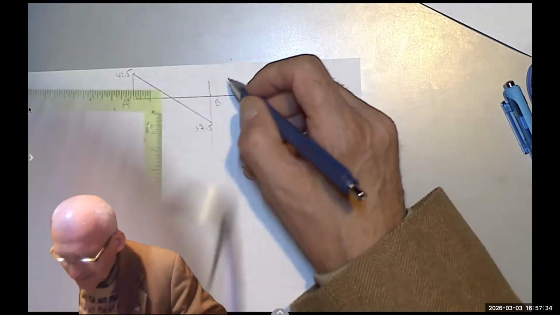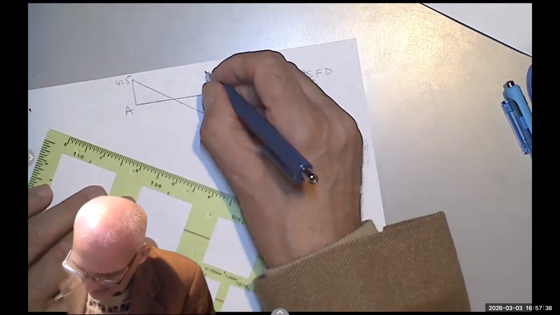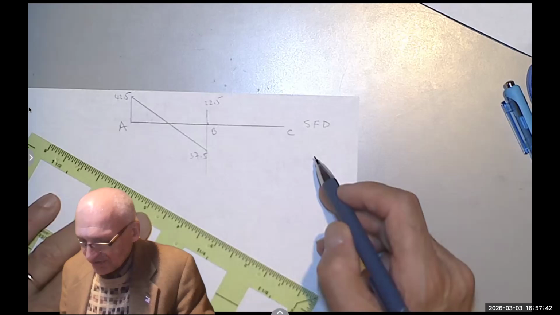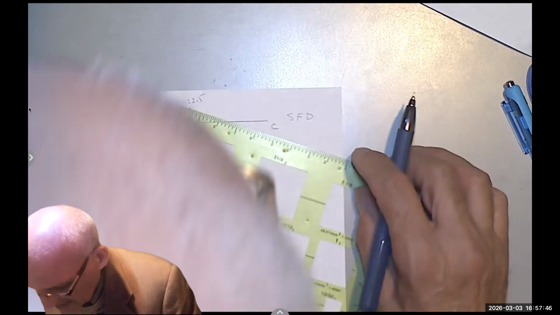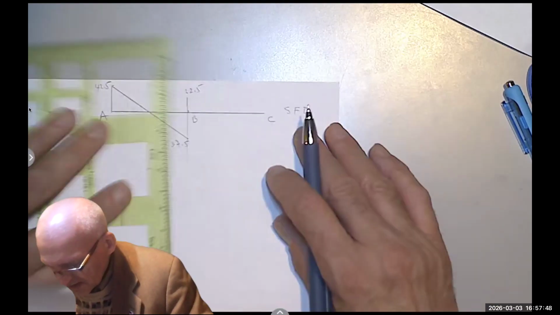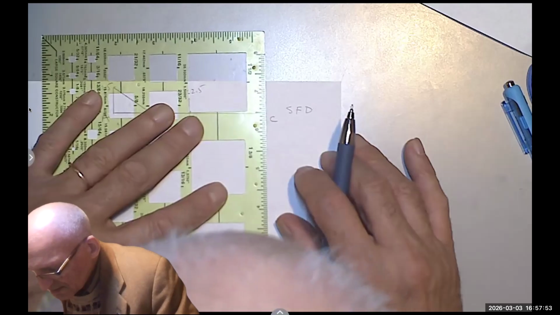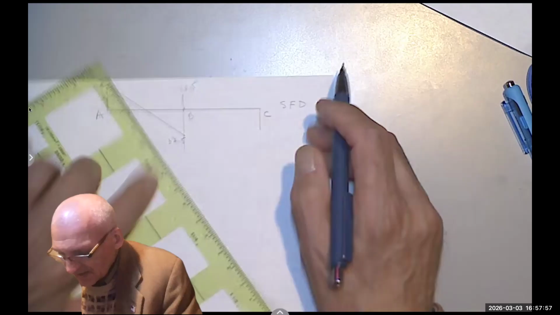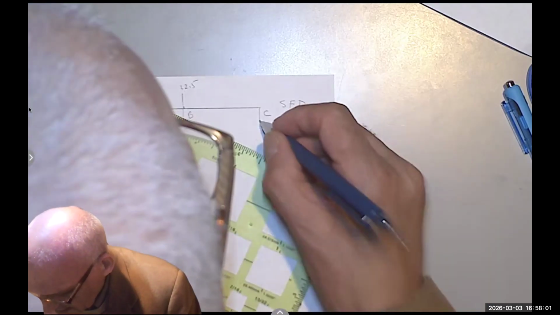So maybe here, we said 60, so 22.5. And then we are going to go down 40, 4 times 10, meaning to negative 17.5. So again, maybe half of that, roughly. Shorter, maybe till here.